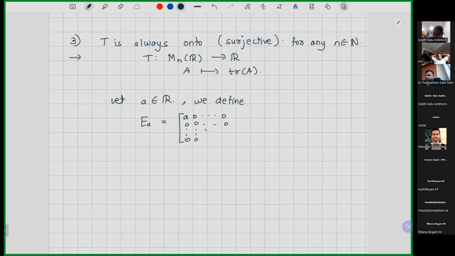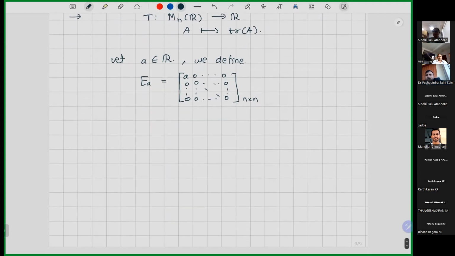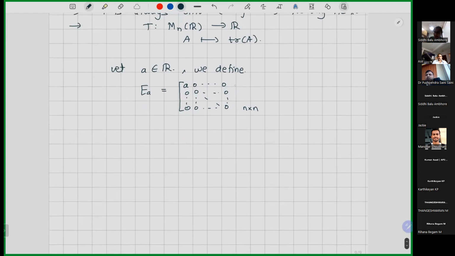We can always define this matrix for any n cross n. In case of 1 cross 1, it will be just a. In case of 2 cross 2, it will be first entry a, and a12, a21, a22 are all 0. So we can always define this n cross n matrix EA, and then T of this EA will always be a.